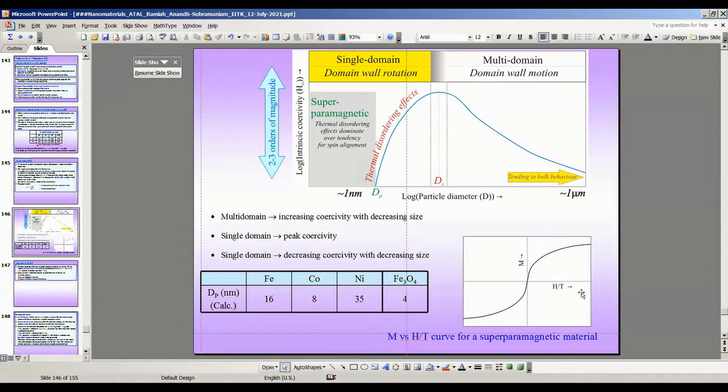Anybody who has known from school days that you can draw a magnetization versus magnetic field curve has seen a hysteresis loop for iron. But for super paramagnetic iron, the hysteresis loop vanishes, and therefore the coercivity goes to zero. It's a very interesting thing that by reducing the size, which is equivalent to increasing the temperature, you're producing a super paramagnetic material.